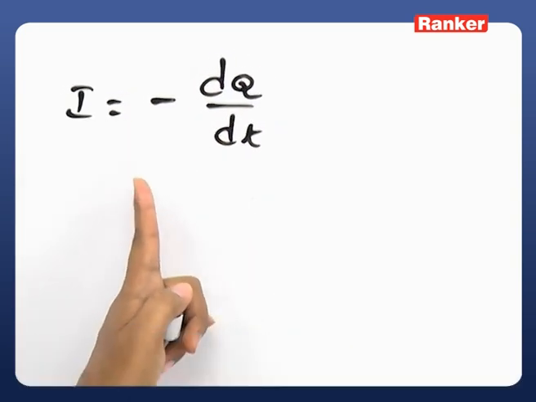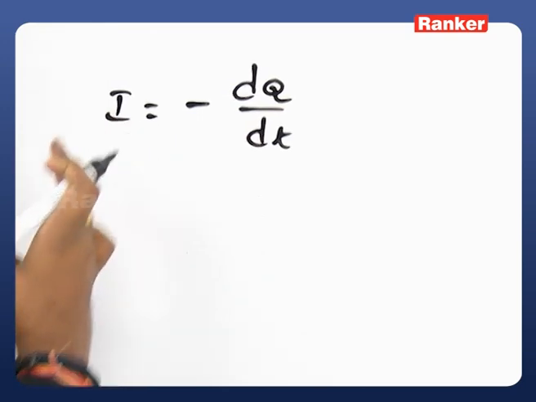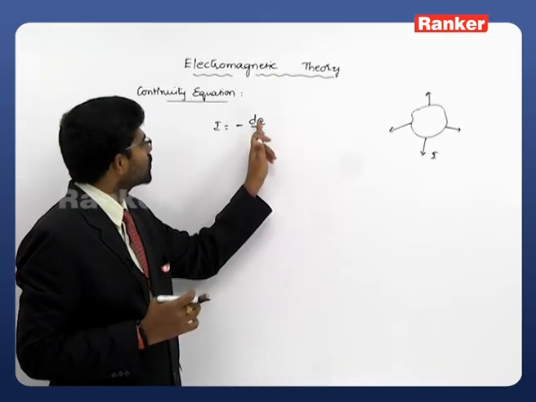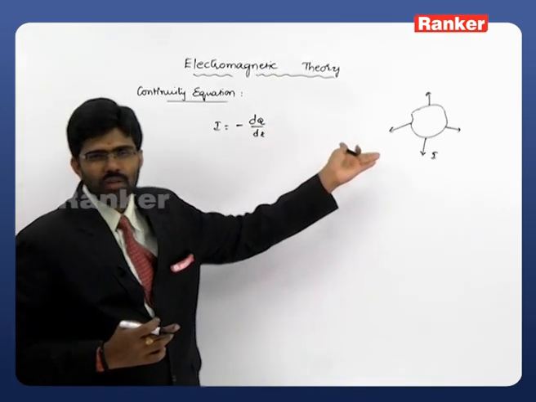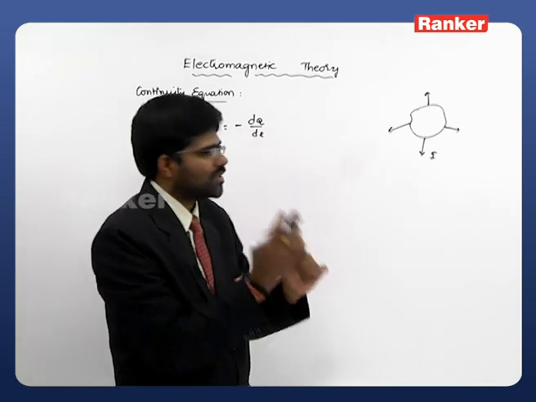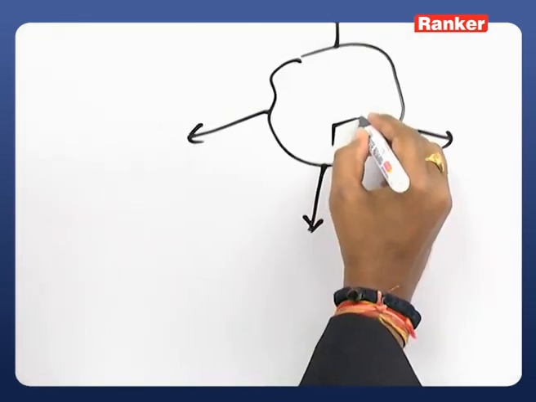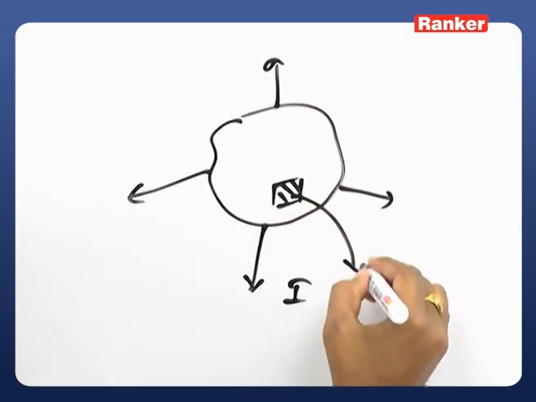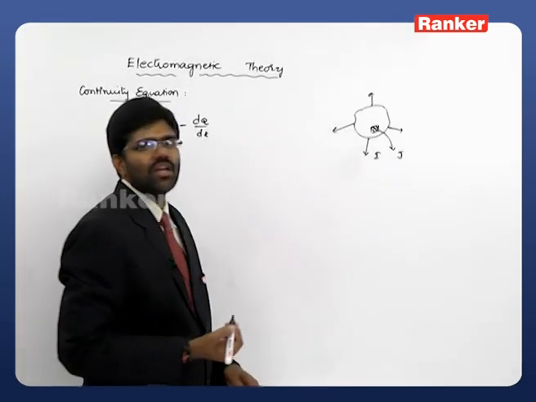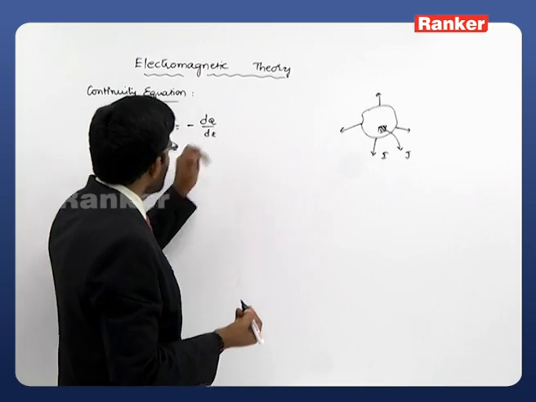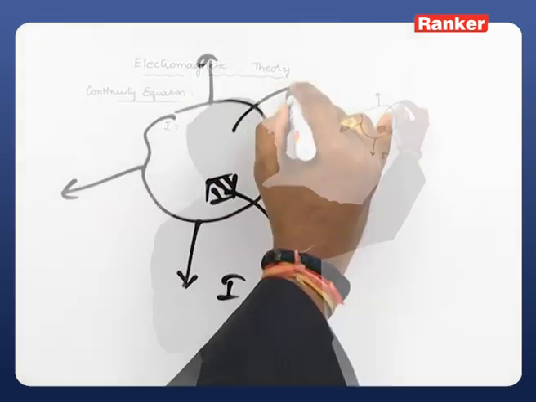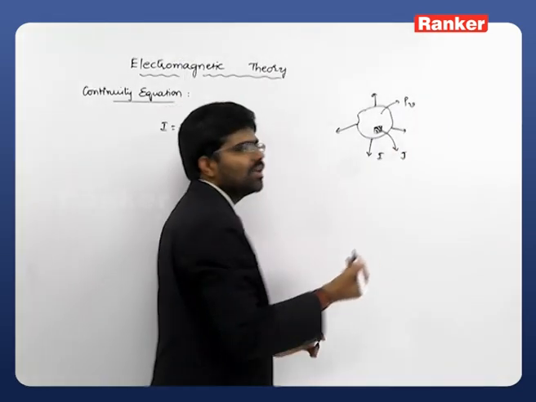Here observe that this I is not absolute current, and this Q is also not absolute charge. Since we are considering a closed surface, from the surface we can obtain the current using its current density J. In the same way, the absolute charge can be obtained from its volume charge density ρv.